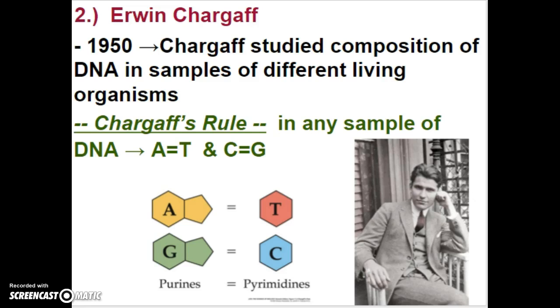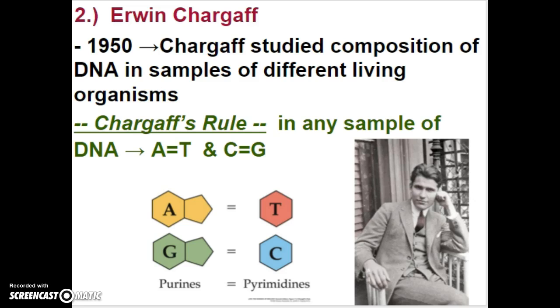In 1950, a biologist by the name of Erwin Chargaff took samples of lots of different living organisms. He even took some samples from himself and found that in any sample of DNA, whether it be from a plant, an animal, a fungus, what have you, if let's say 20% of the nucleotides were adenine, then 20% of the nucleotides in that same sample were also thymine, meaning that in the rest of the sample, there was 80% cytosine and also 80% guanine.